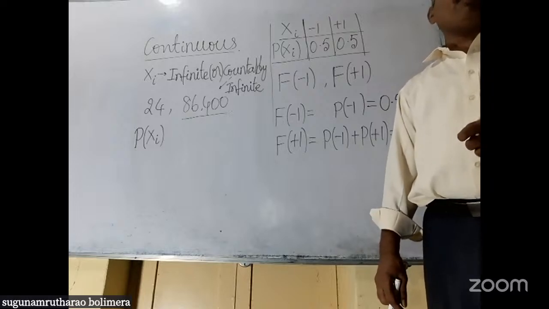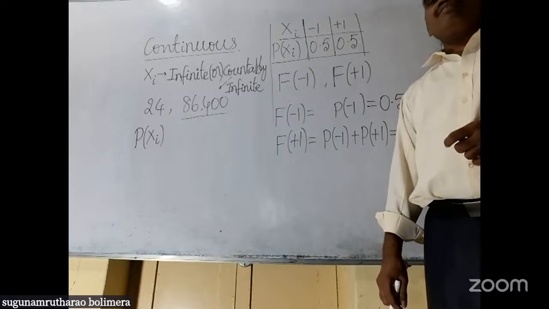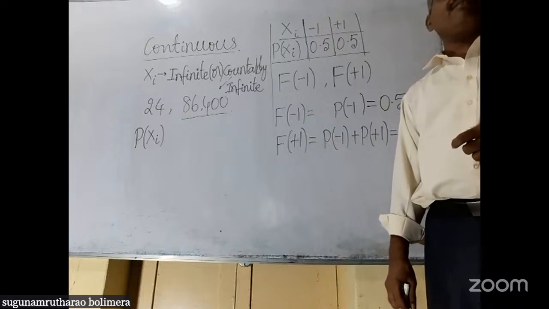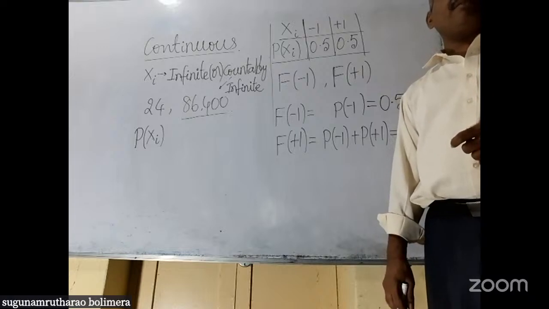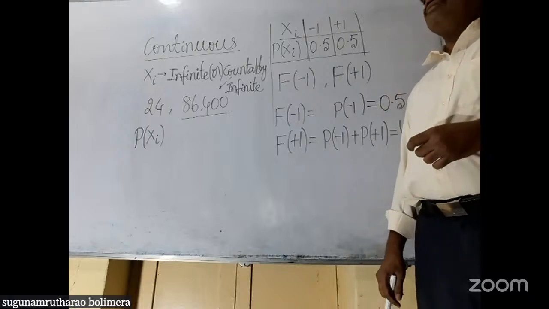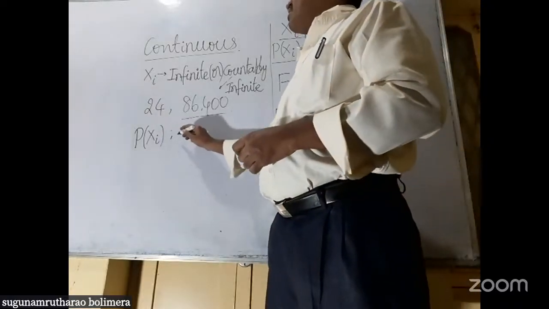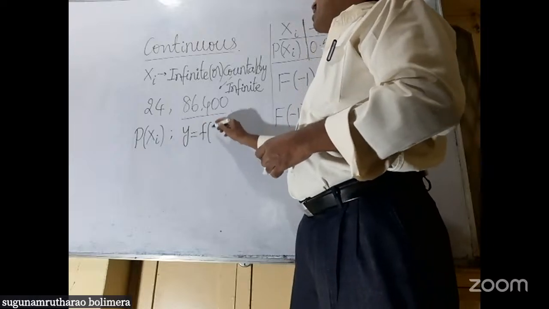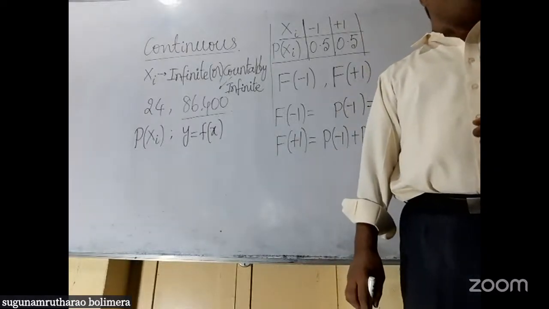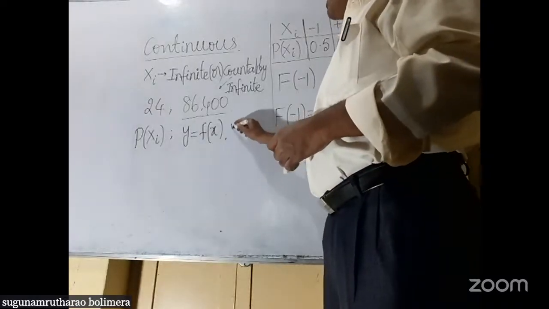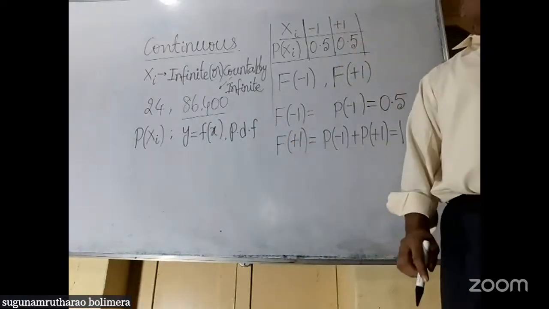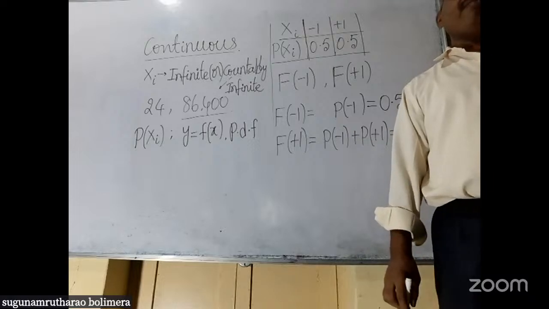By joining all those probabilities, it will seem to be a curve, and we denote it as y equal to f of x, called the probability density function.